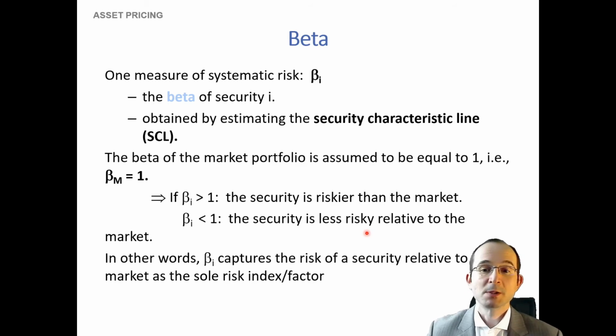What are some examples? Well, generally, riskier firms like firms in the tech sector have high betas. Firms that are considered less risky, such as utility firms or consumer staples, have lower betas. And indeed, if you look at enough security characteristic lines, you will see that some have steeper slopes and some less steep ones.